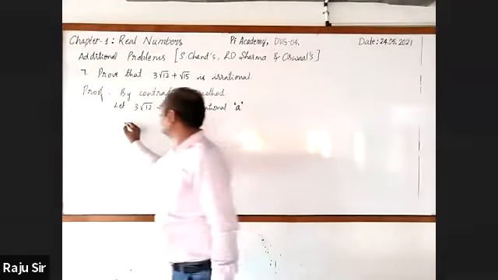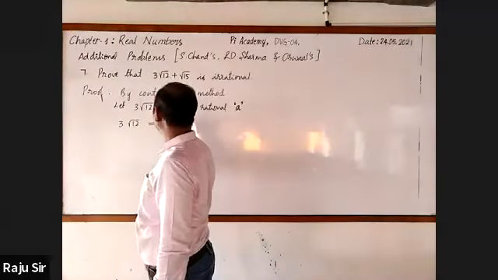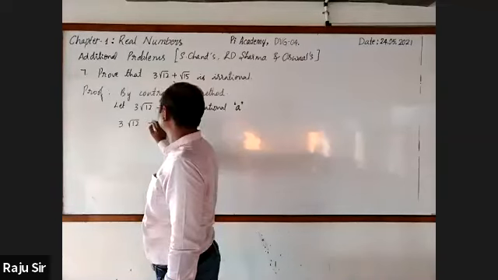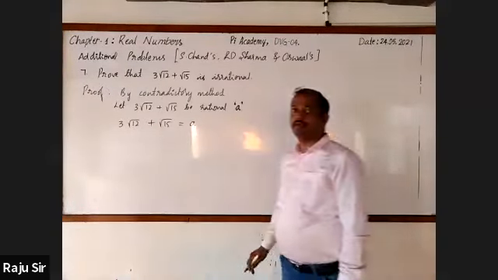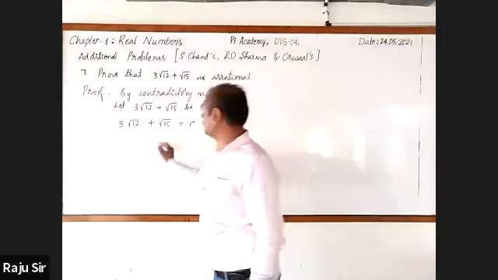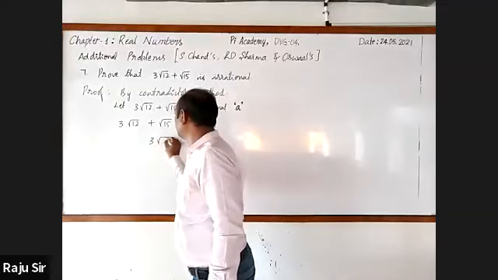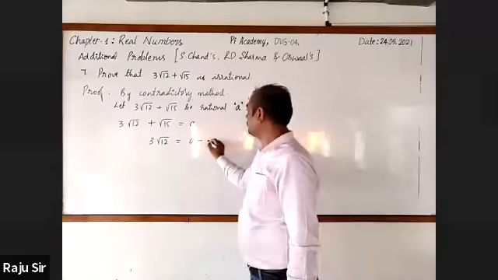Now, we can write 3 into root 12 plus root 15 is equal to a. Any one term, I'll take 3 into root 12 as it is, then a minus root 15.